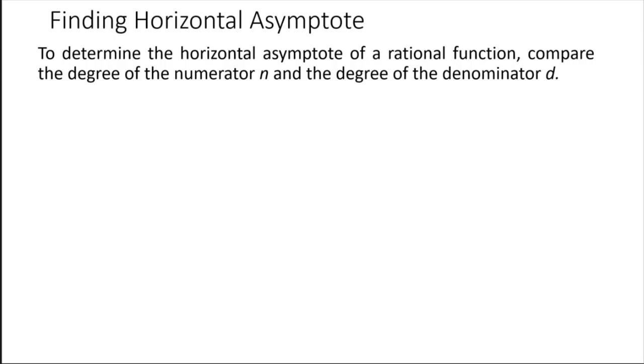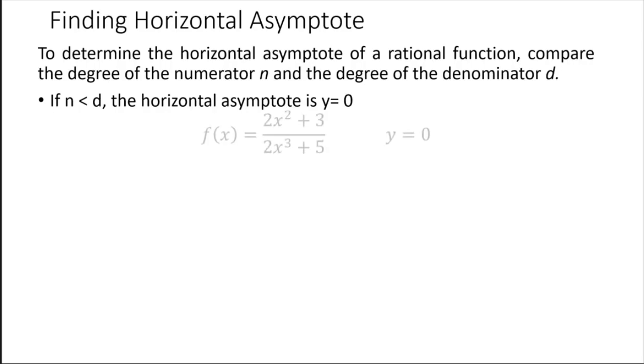There are three scenarios to find the horizontal asymptote. First scenario, if n is less than d, automatically our horizontal asymptote is y is equal to 0. For example, f of x is equal to (2x squared plus 3) over (2x cubed plus 5).